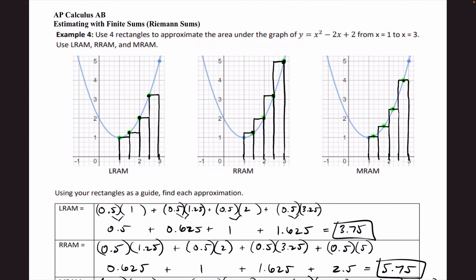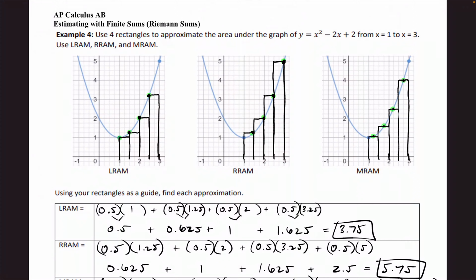And then on the RRAM, I always overestimated, right? So here's what they're going to ask you. They're going to give you a function, and they're going to say, if you were to use LRAM or RRAM, would it be an overestimate or an underestimate? How would I figure that out? I'm not going to give you a function because that's not the point.